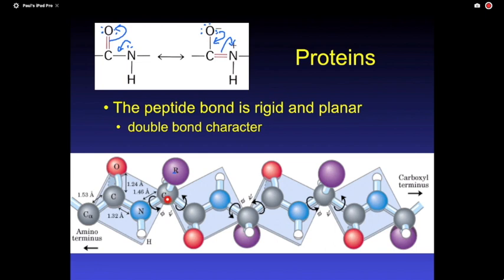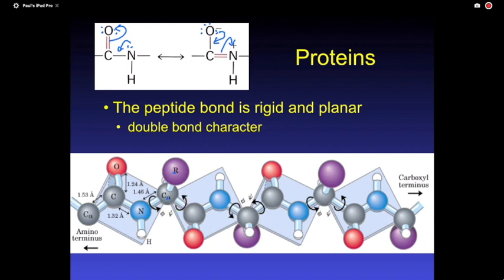When I make a peptide bond, this peptide bond acts like it is rigid, and there is no rotation around this particular bond. And on this side, there's no rotation. But along this alpha carbon, in front of it, there is single bond rotation, and behind it, there is single bond rotation.